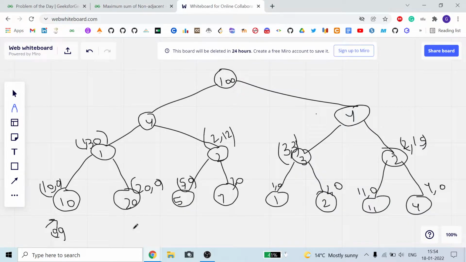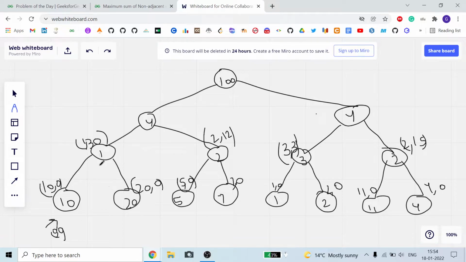The same for these, for every leaf node it happens. So the maximum sum it will return is 10 including this. If it is excluded, then the pair will be 10 comma 0. Same for 20, 5, 7, 1, 2, 11 and 4.